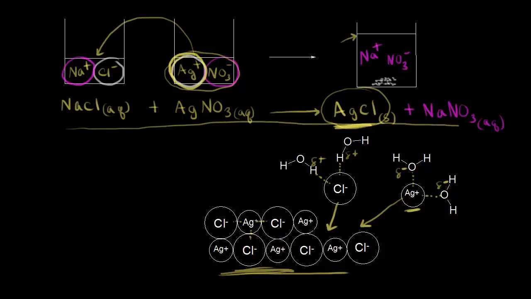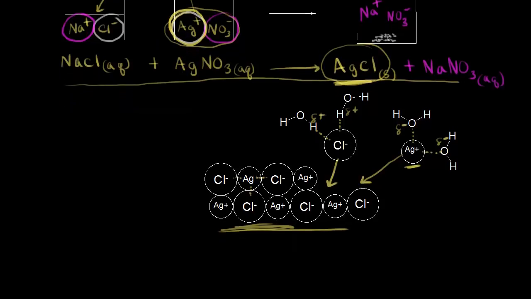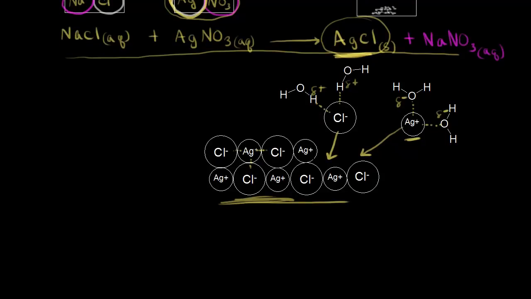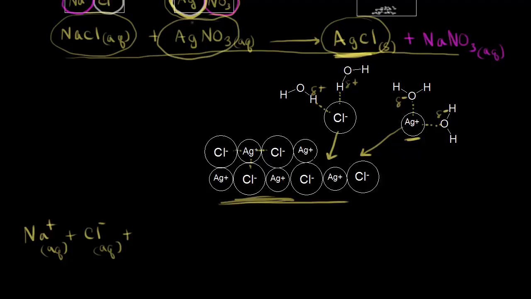We could have also drawn out all of the ions, right? So instead of writing that, another way to represent what's happening would be to say a solution of sodium chloride would be sodium cations in solution, right? So we write our sodium cations here. Chloride anions, so Cl minus. All right, we added to that our solution of silver nitrate, which had silver ions in solution, so Ag+, and nitrate anions, so NO3-.